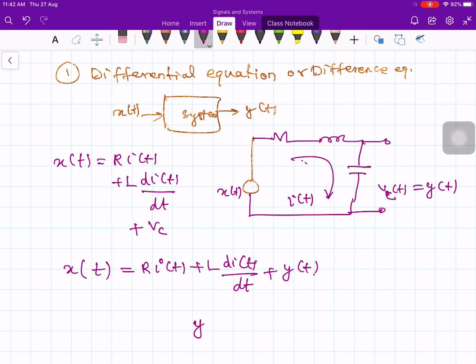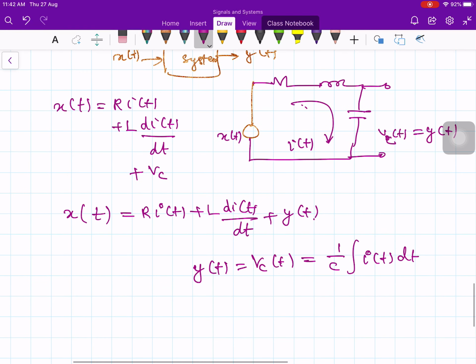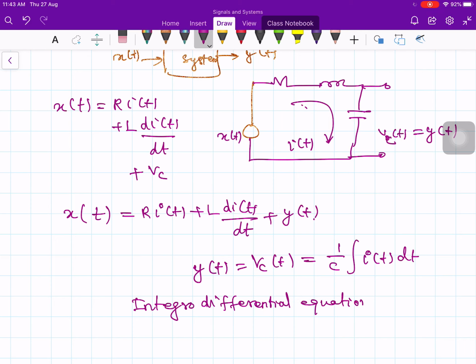So what is y of t? y of t is the voltage across the capacitor. What is the voltage across the capacitor? 1 over C integral of I of t times dt. So if you substitute back, then you will get an integro-differential equation.